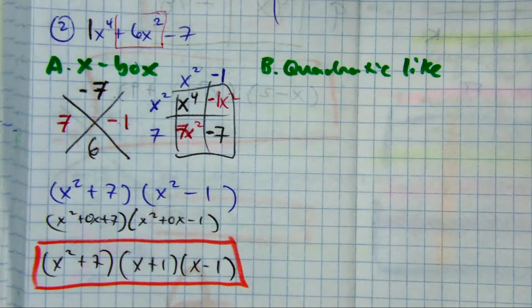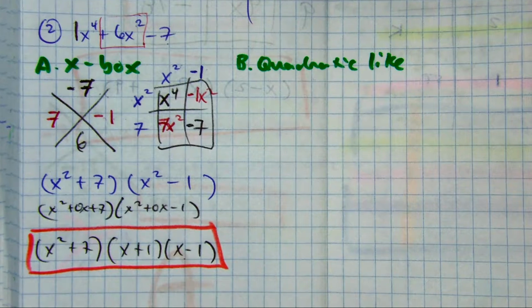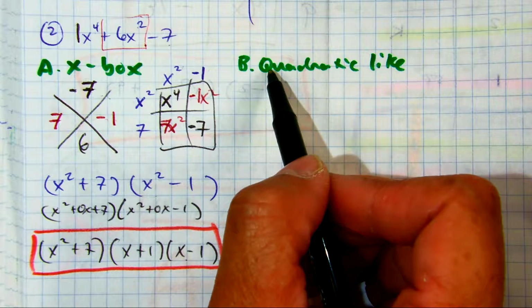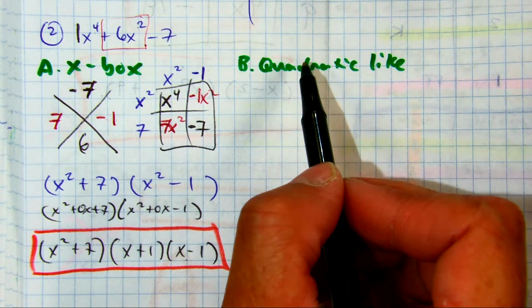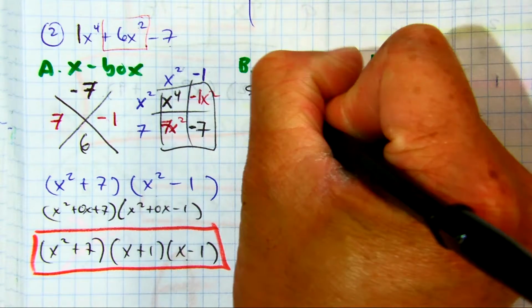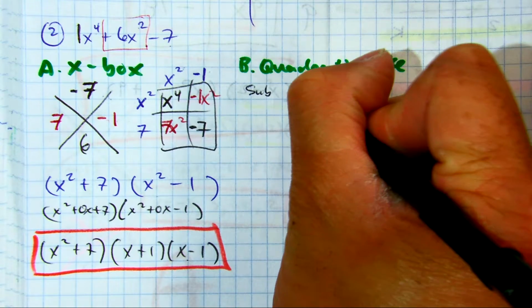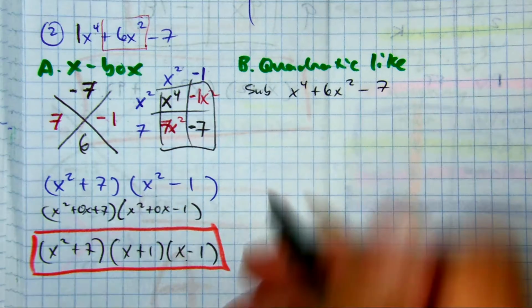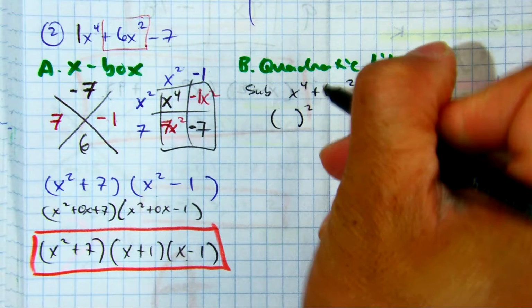Okay. This next method, method number 2, method B, is a little bit more higher level math. Okay? You're going to do a substitution. Instead of having x to the fourth plus 6x squared minus 7, I need to put in something here to make this quadratic-like.